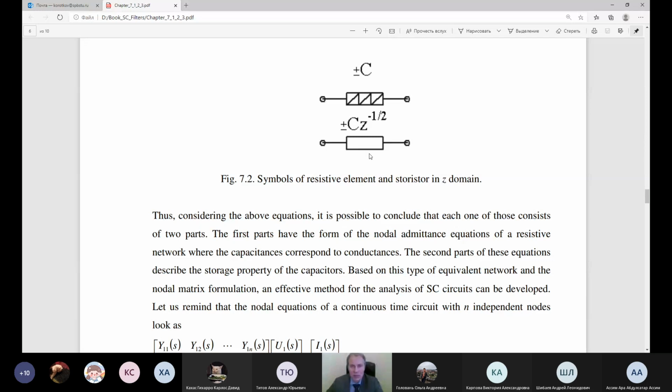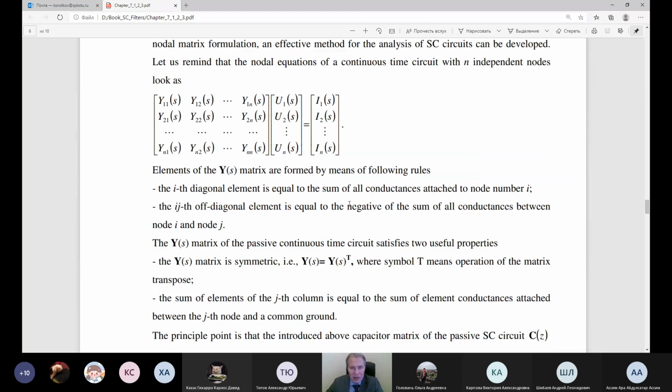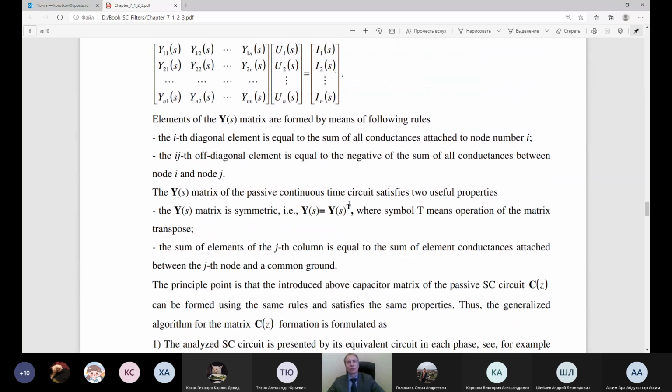Well, this is the idea. It gives us the possibility to use the main approach that we know well from the results for the classical analog circuit. And here I would like to remind you once again some properties of the Y matrix.